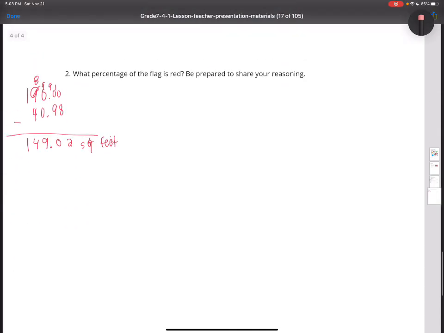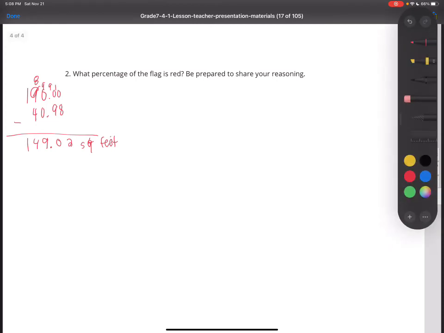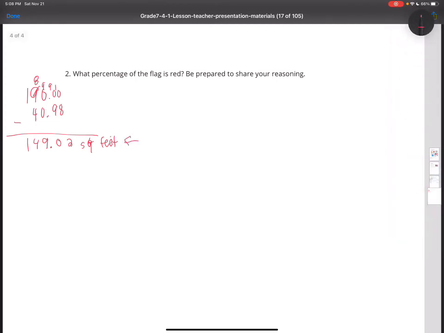So when I say that, half of this area that was left over is white. So I'm going to divide this answer by 2. So 149 and 2 hundredths divided by 2. How many times can 2 go into 14, which is 7? I'm just doing some basic math right now.